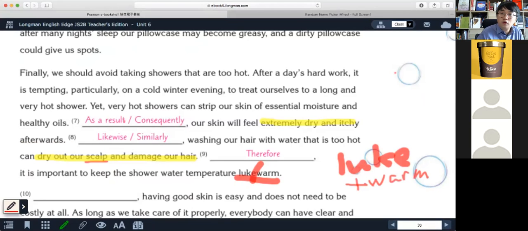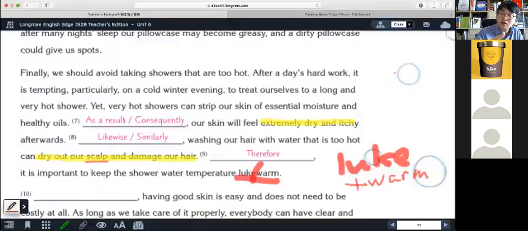Do you think you can separate this word into luke and warm? Does luke mean more warm or warmer? Luke. So in fact, it's a funny word. If you look up the dictionary, there is no word luke. It's only a name. And it has nothing to do with the name, Luke.